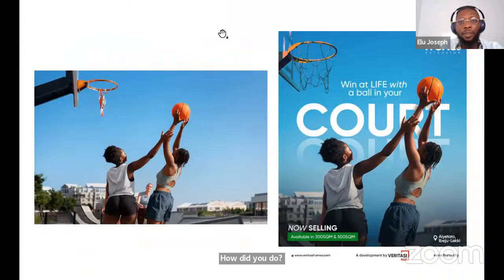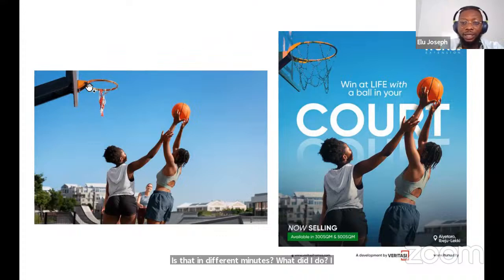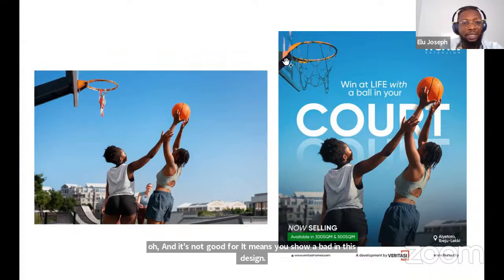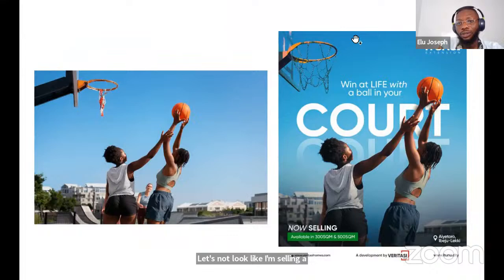Exactly, different nets. What did I do? I edited it. I said, oh, this net is bad and it's not good for me to show a bad net in this design. Let it not look like I'm selling a destroyed basketball court to whoever it is.